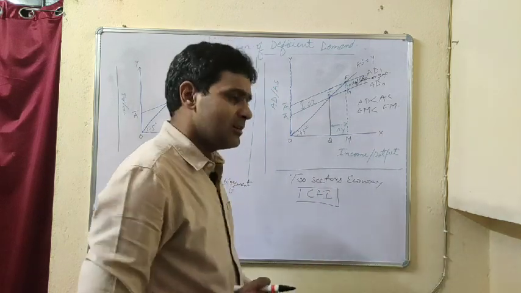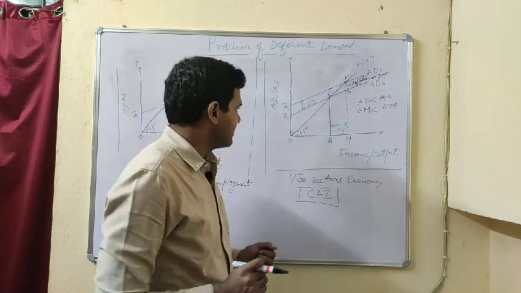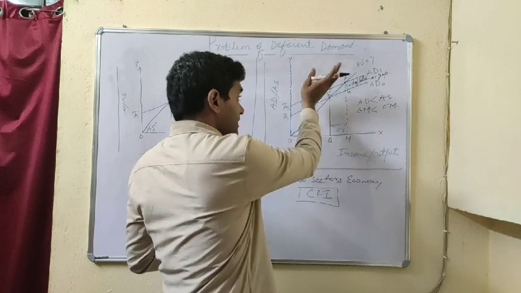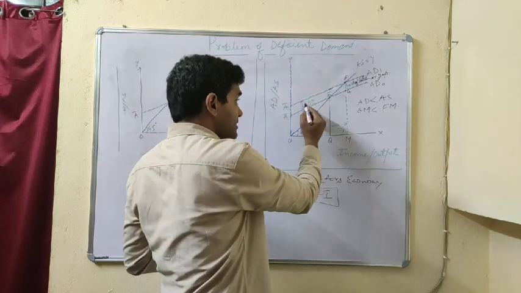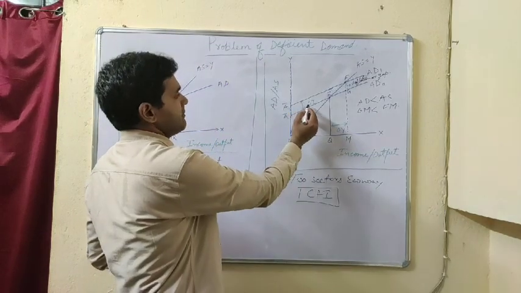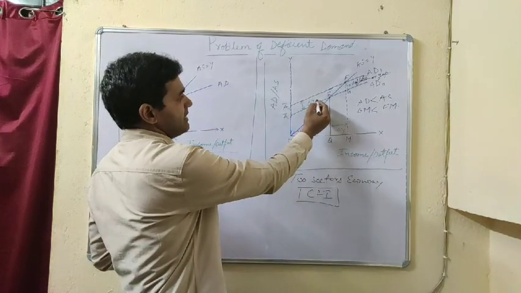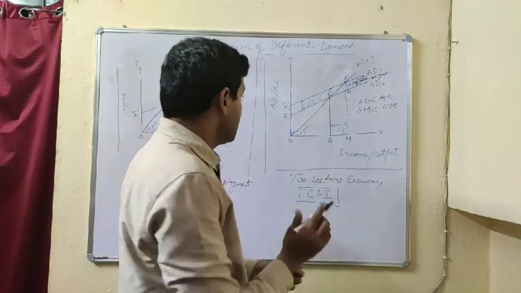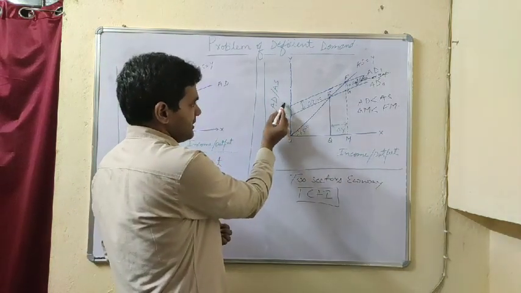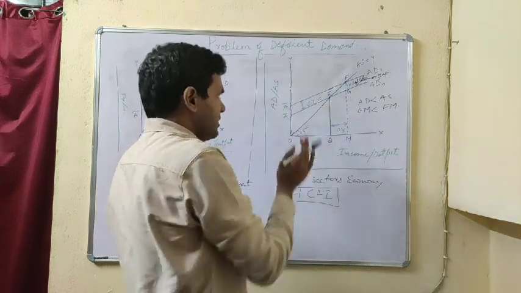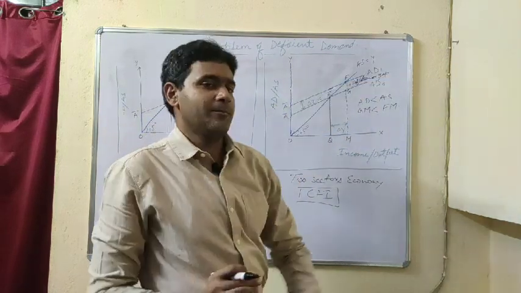The household and the firm sector is there. So aggregate demand can be increased with an increase in autonomous investment. As I have displayed with the green color, this is delta I. So autonomous investment will increase and hence autonomous expenditure will increase, and this demand curve will shift upward and become AD1.